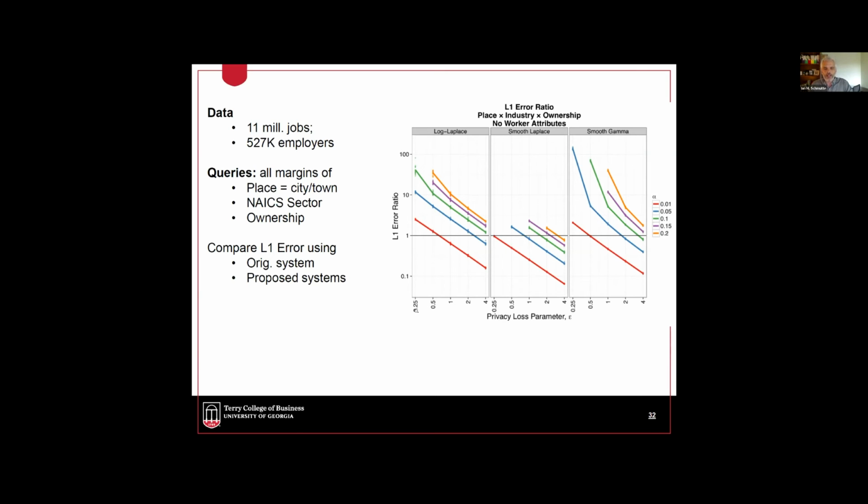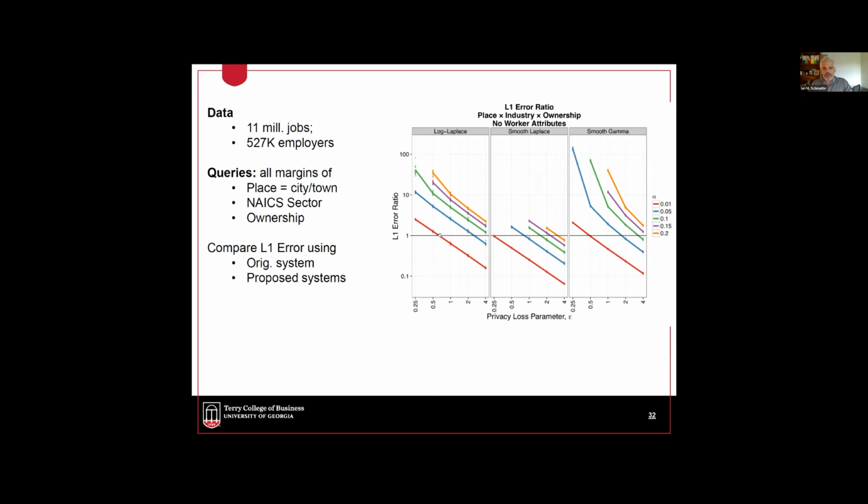The factor epsilon tells us exactly how much they're likely to lose. It tells us about the probability, how much an attacker is going to be able to learn about whether or not their employment is within, say, the factor of alpha. So what we see is that if we set the factor of alpha relatively low, then we're providing a relatively weak guarantee of privacy, but we can get acceptable quality.